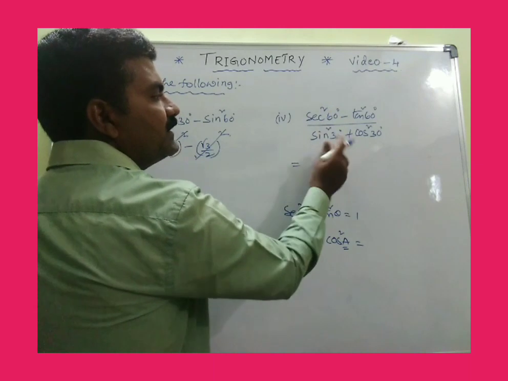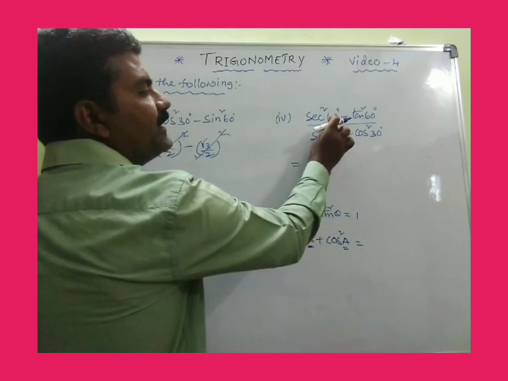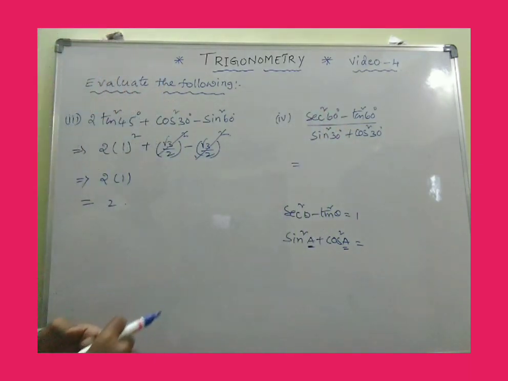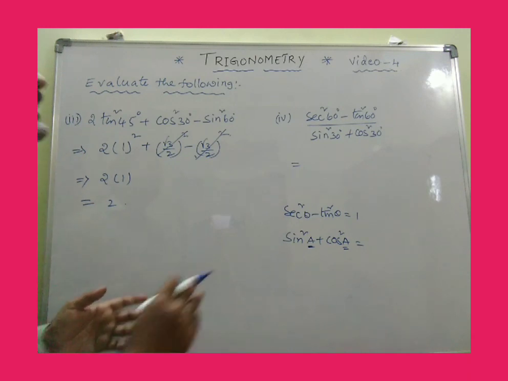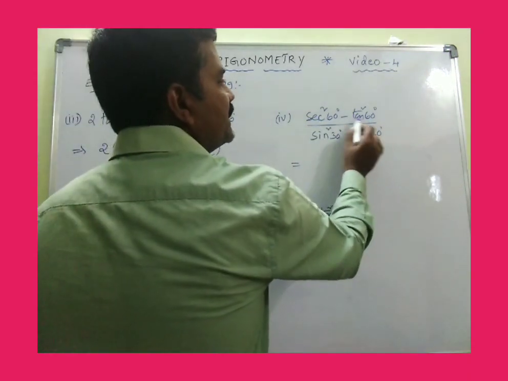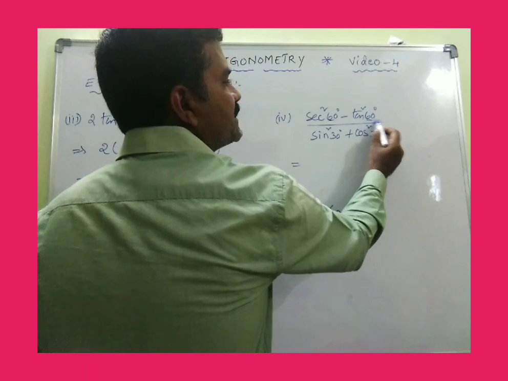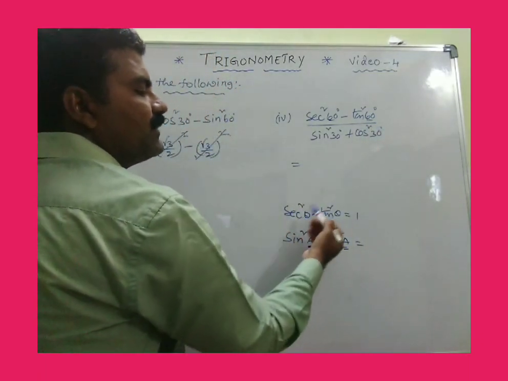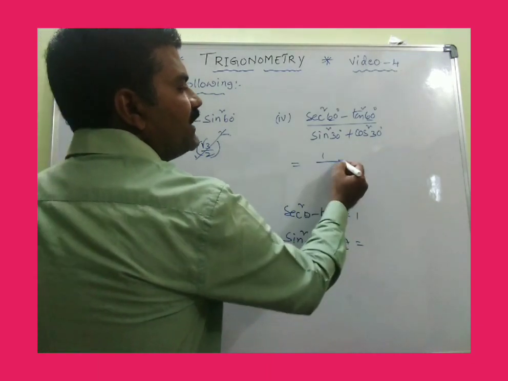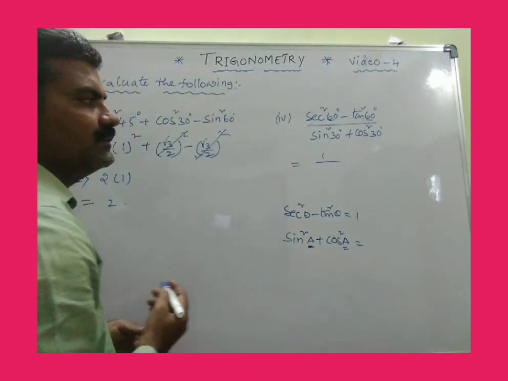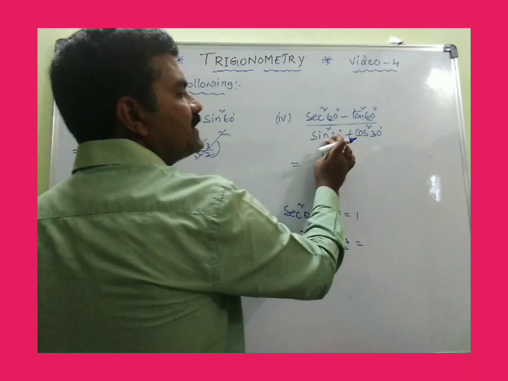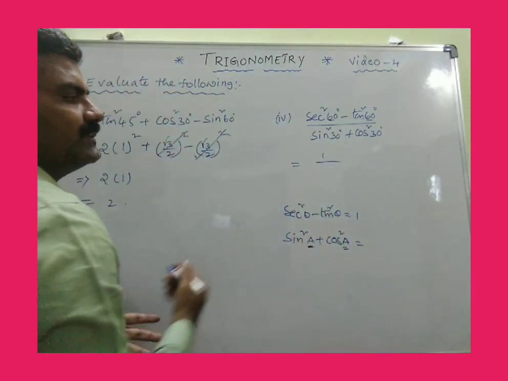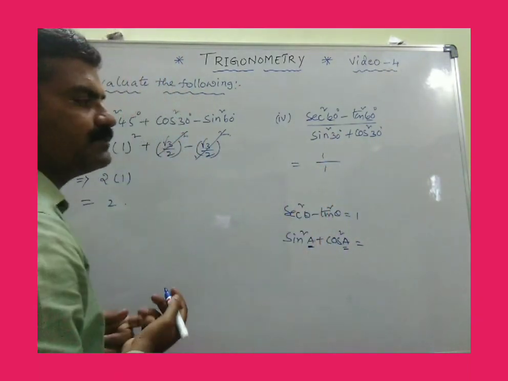Need not see that in the denominator we have 30 and in the numerator 60. If the angle is the same, then it is secant square theta minus tan square theta, so the numerator I can directly replace with 1. The denominator is sin square theta plus cos square theta, which is also a standard result, 1.